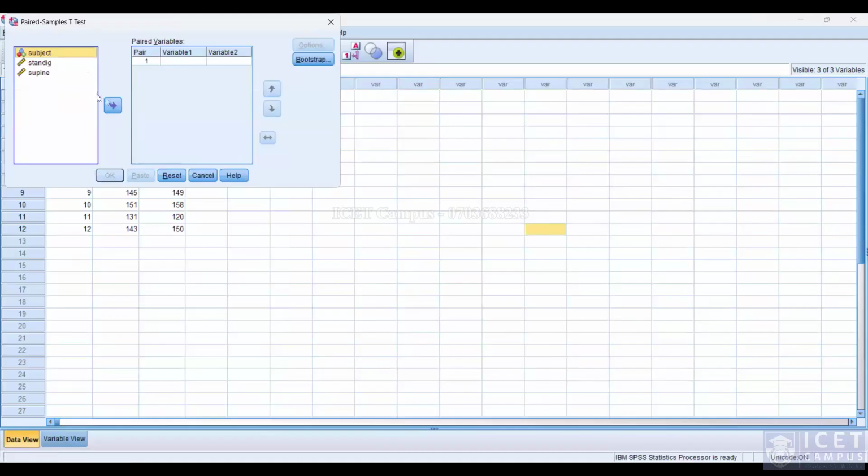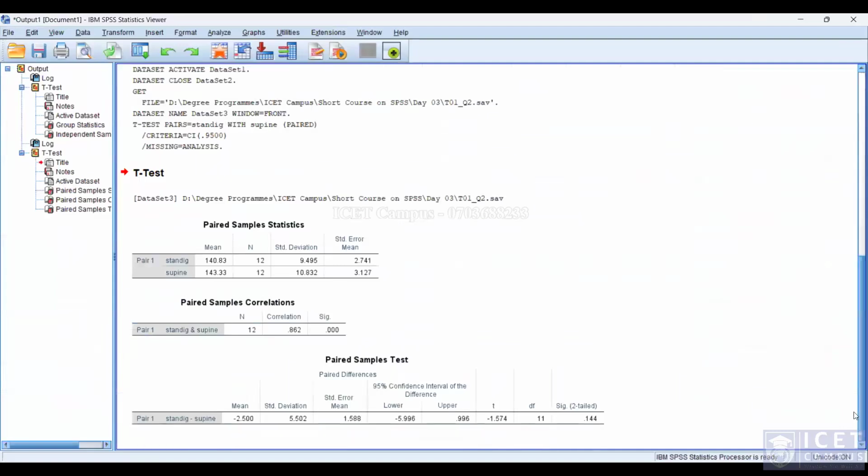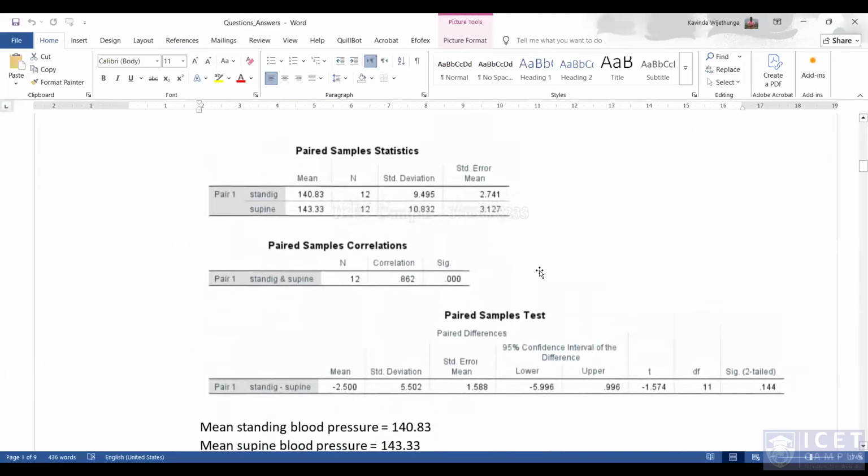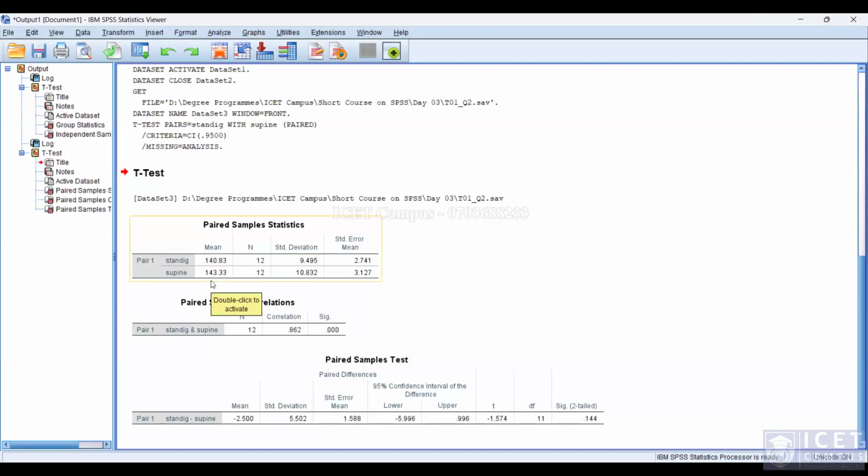Then we can take the pair, standing and supine, and click OK. Then you can see the output. In the first table, paired samples statistics, here you can see the mean values.